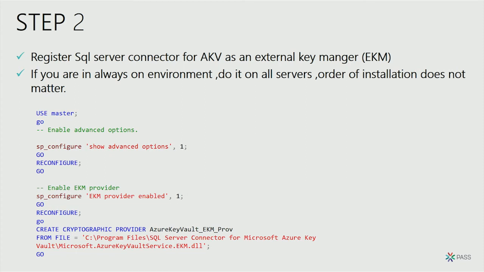Like, for instance, we have a hybrid environment, which we have a presentation on Friday morning about how to set up. So it doesn't matter if you use an Azure VM or on-premise, you just install the connector, and there is no order of installation that is important. You can do that in whichever order you want.